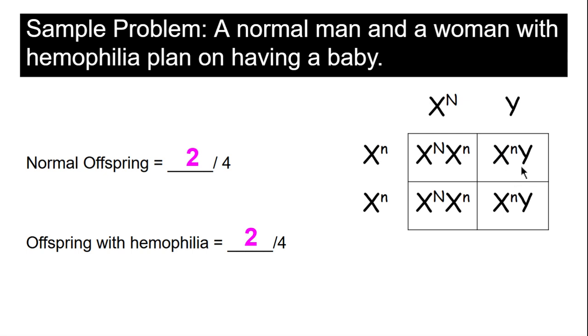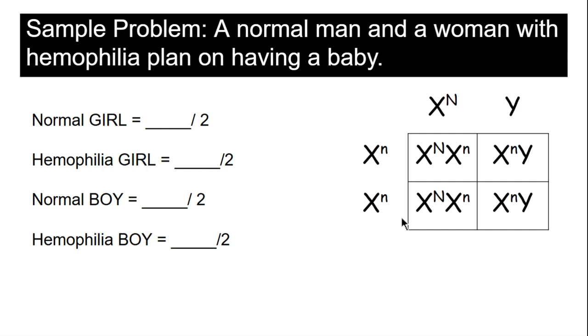A lot of times we'll ask you, though, instead of out of the whole Punnett square, we'll ask, what's the chance of a girl being normal? So when we look at just the girl, we're looking at just these two that are XX. We notice that both of them have a capital N, so both of them are going to be normal. Hemophilia girl, we don't have any.